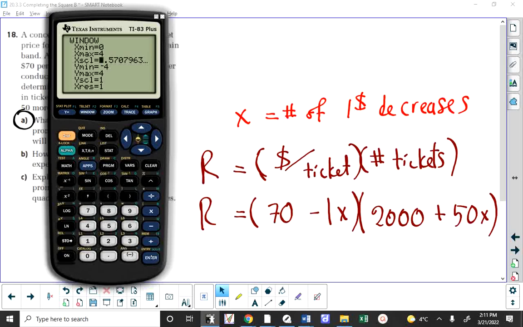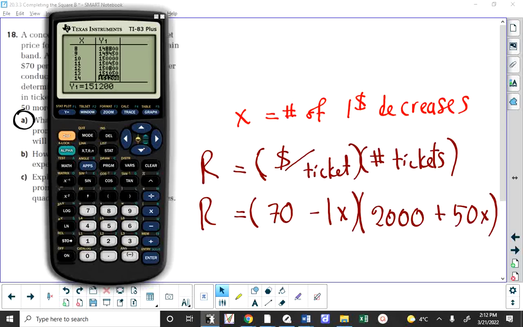And I didn't even need to enter that in. What I could have done, and I'm going to do this anyway, is go to my table setup, start at 0, and go up automatically by 1. So I'm going to see the effect on the revenue, which is Y, as X is 1 and 2 and 3 and 4 and 5, etc. when I go to my table. And I can see the revenue is going up, isn't it? This is her revenue. It's climbing, it's climbing, it's climbing.